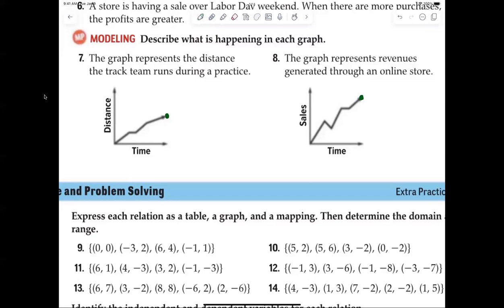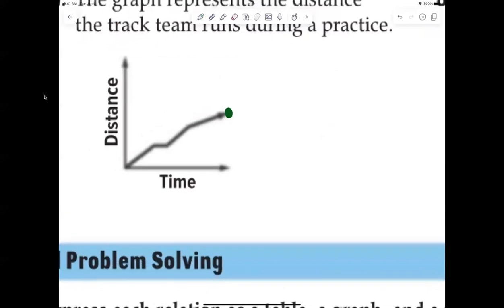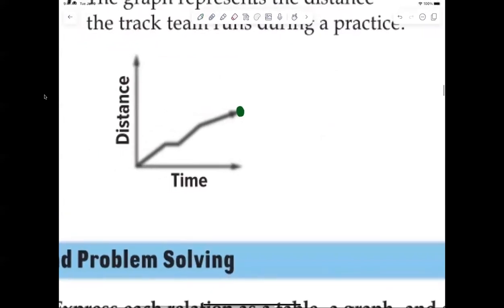The time is going up. Okay, now I want to try to be a little bit more specific. Exactly what you said is 100% true. As time passes, you get further away, you're running. But I would like to know specifically, come on, guys, here's where you have to pay attention if you want to be smart.